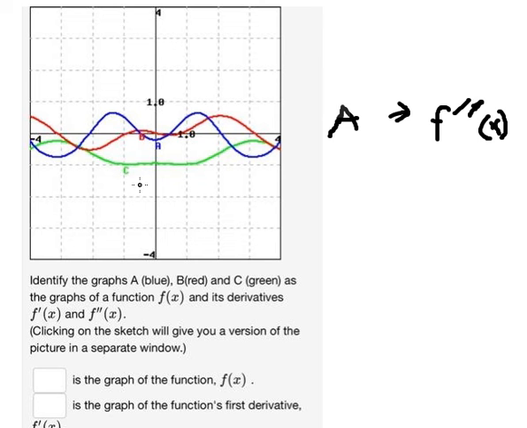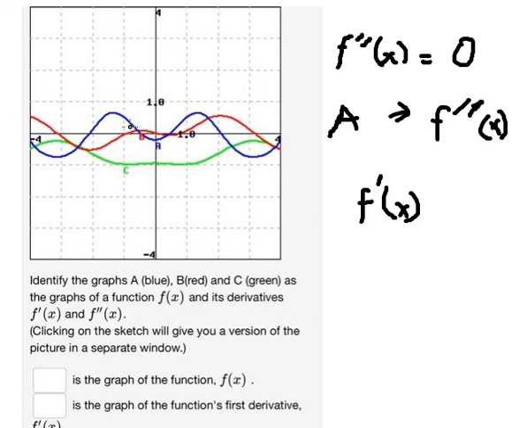Now if we go to this one, we can see that when the blue line goes to the x axis, that's the x intercept, when we have the second derivative equal to 0, that is the critical point for the first derivative.